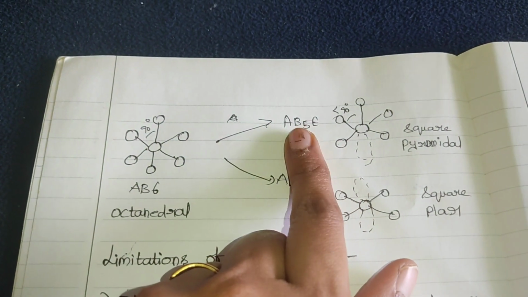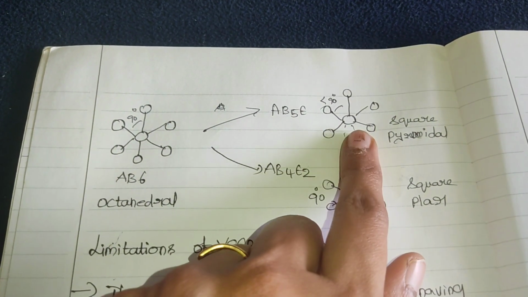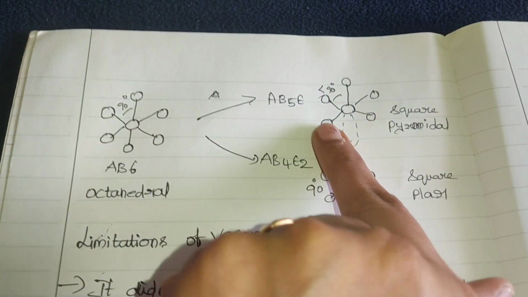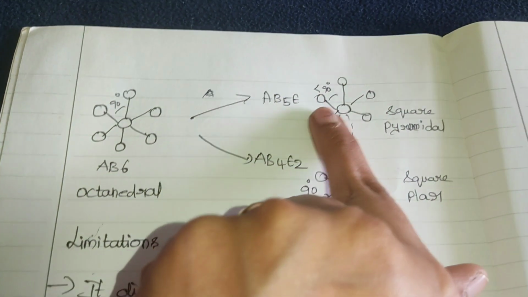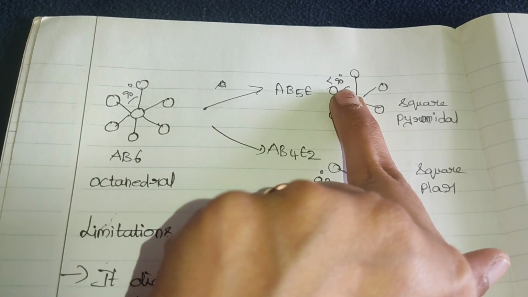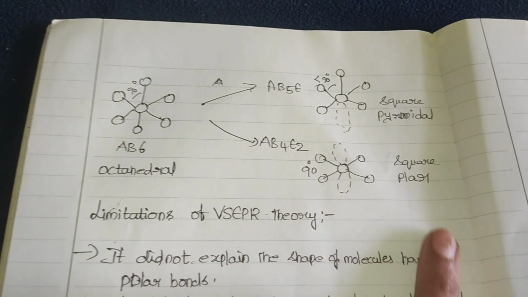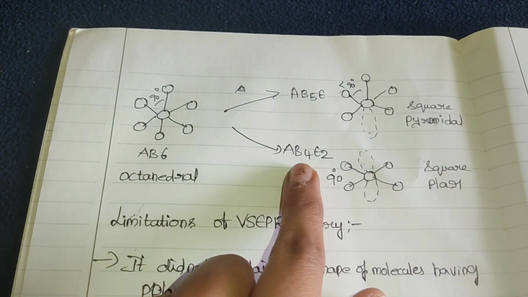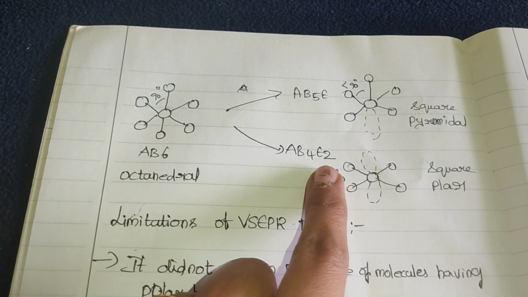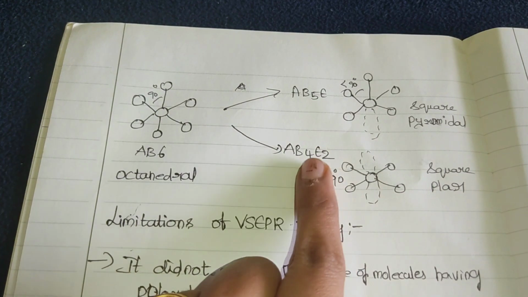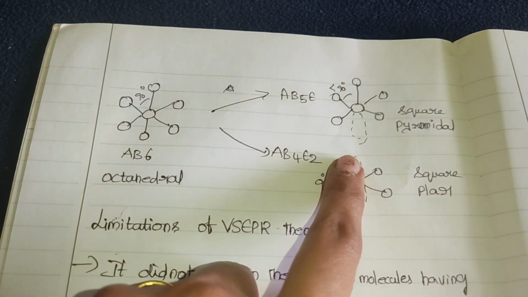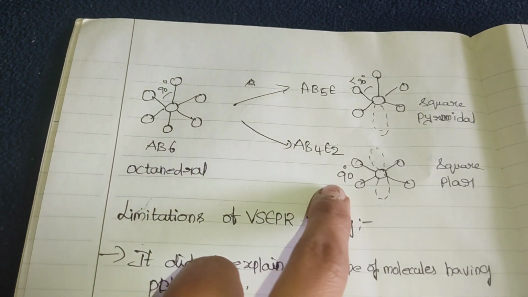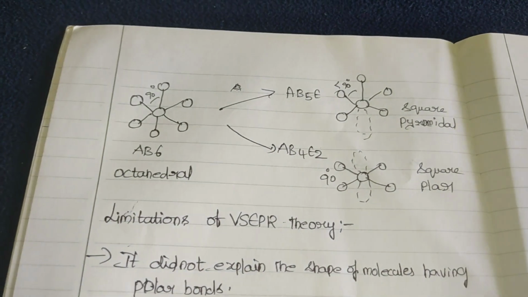When one B is replaced by a lone pair, it takes the shape of square pyramidal, and the bond angle decreases to less than 90 degrees. And when two B's are replaced by two lone pairs, it becomes square planar, and the bond angle will be less than 90 degrees.